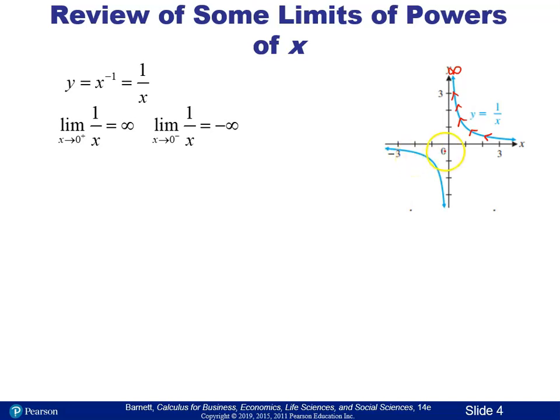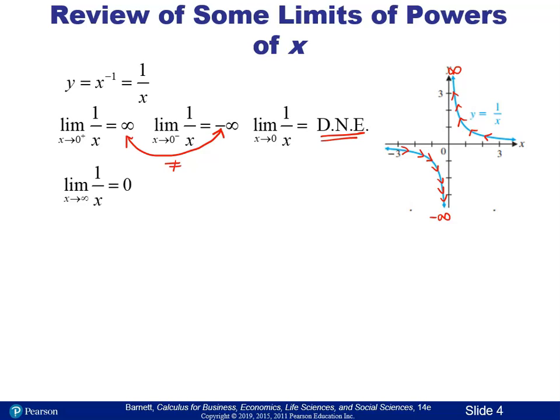If we're approaching 0 from the left side, that's going to take us in from this direction, which means we're approaching negative infinity. And because these two don't equal each other, we have to say that the overall limit does not exist. These are things we talked about back in Chapter 2. It's been a little while, so we just wanted to review a couple of things here.